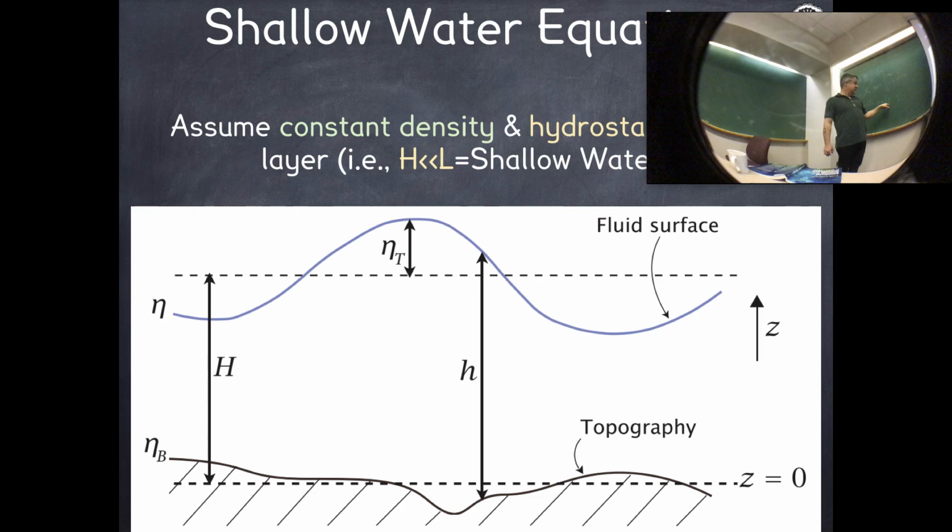What does eta depend on? Is it a function of Z? No, it's a function of x and y and time. So I want to be explicit about this.